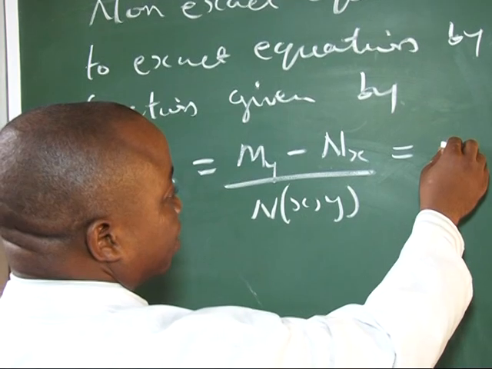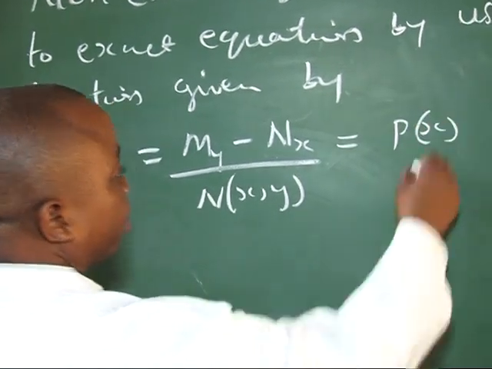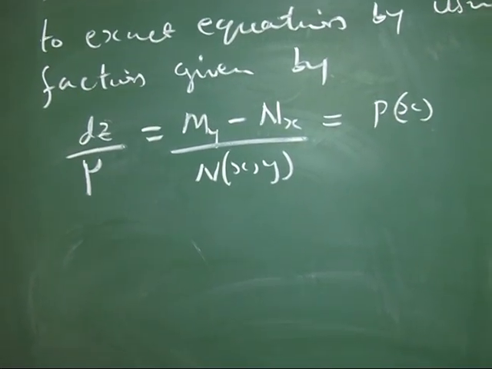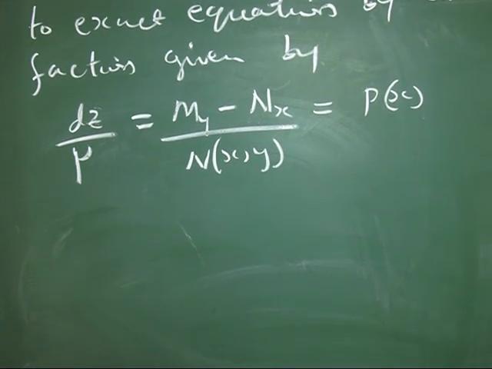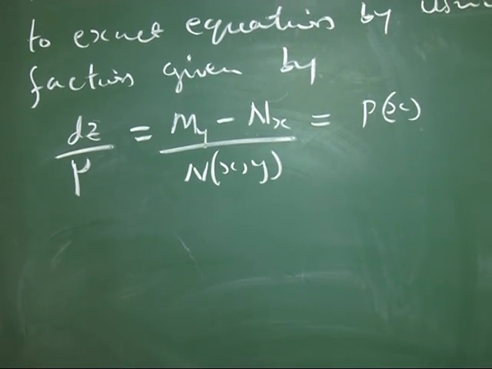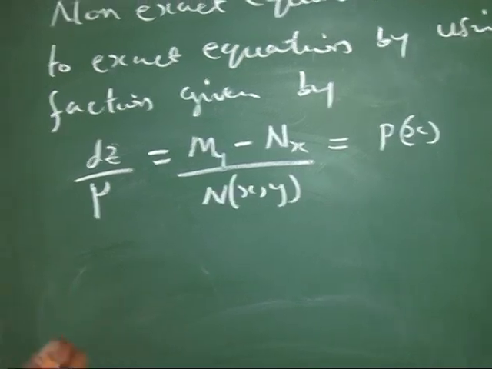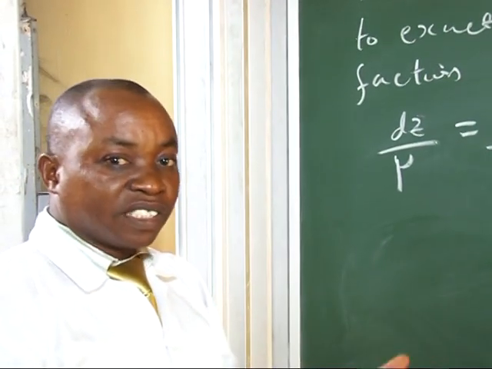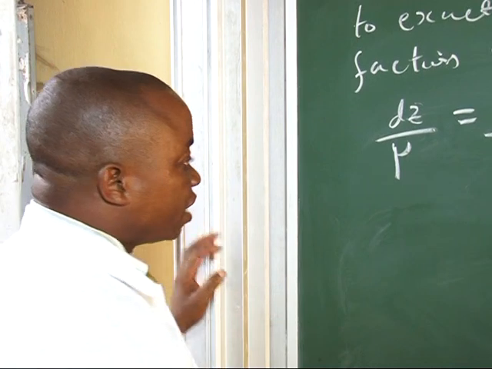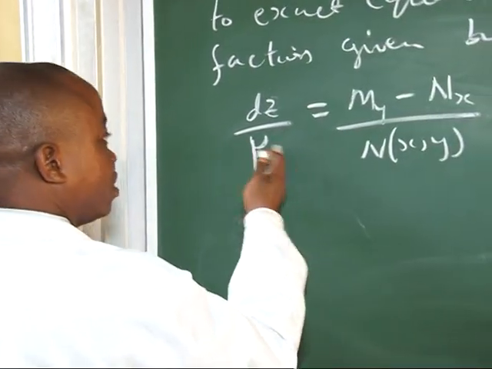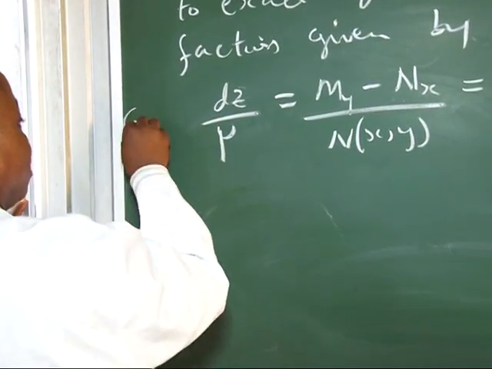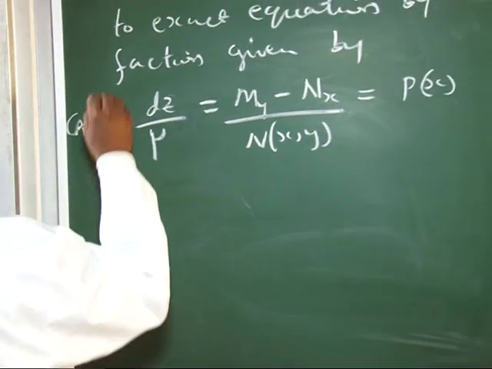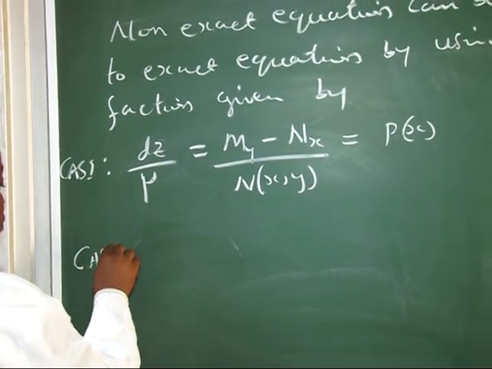That is the first case, and this will be p of x. Another one is we can also use an integrating factor to multiply the given equation in order to convert it into exact. Now you know this is case 1 that we have said.